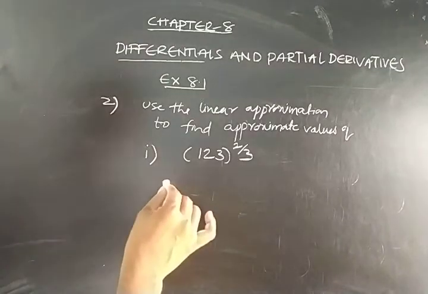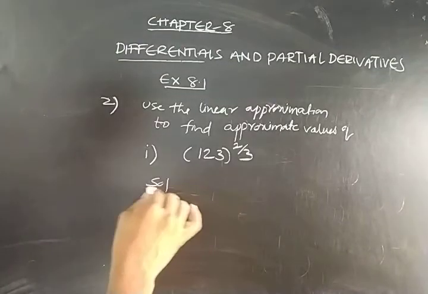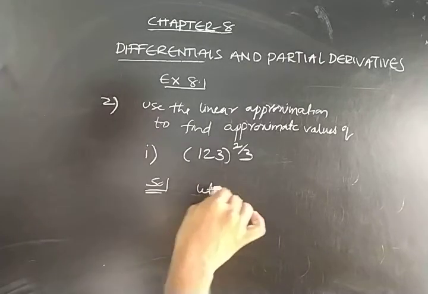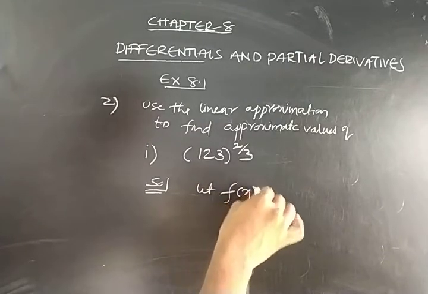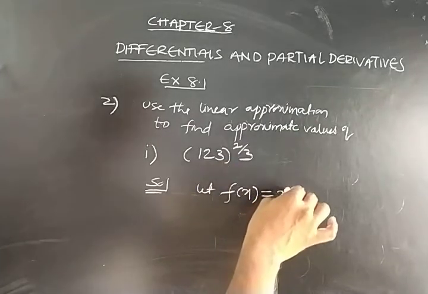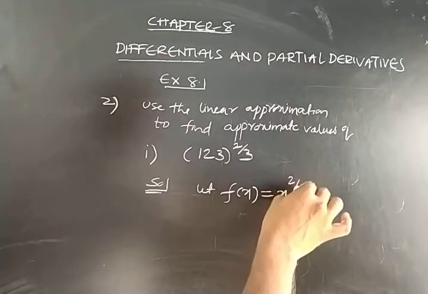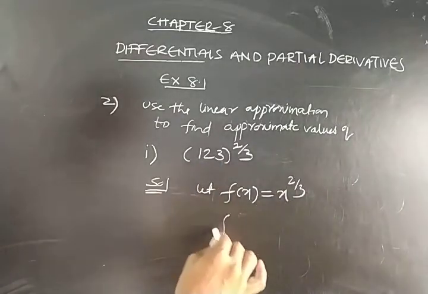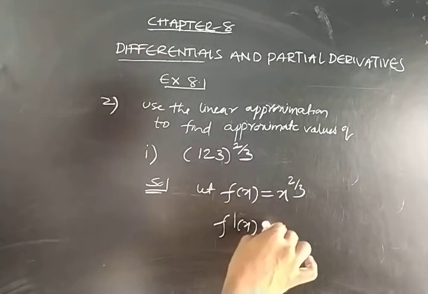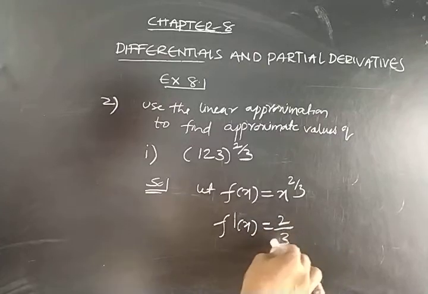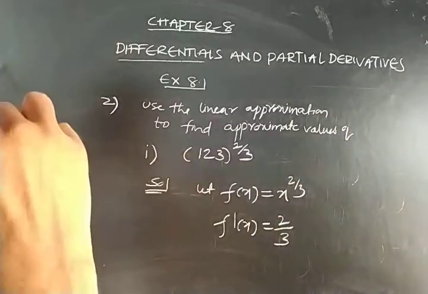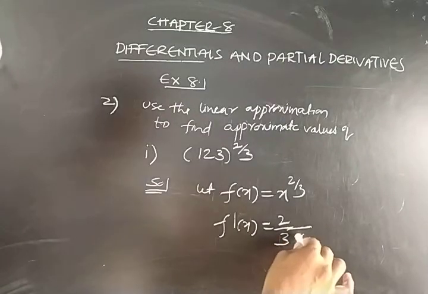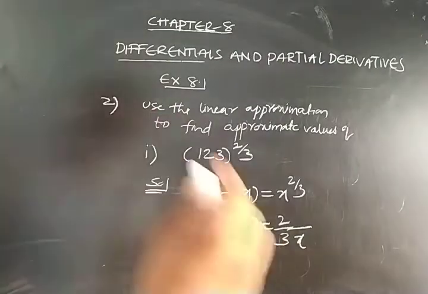Okay. So solution, I am taking the function f of x in the form of x to the power of 2 by 3. So f dash of x is 2 by 3 times x to the power of 2 by 3 minus 1, which is minus 1 by 3.